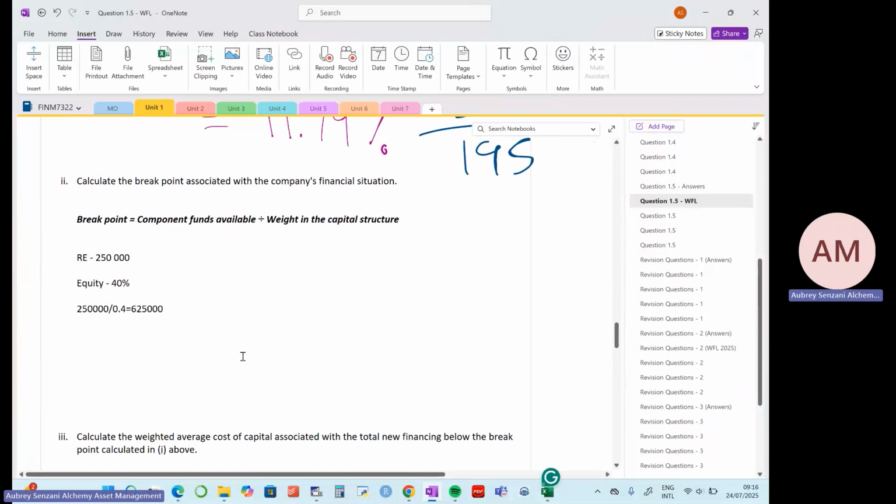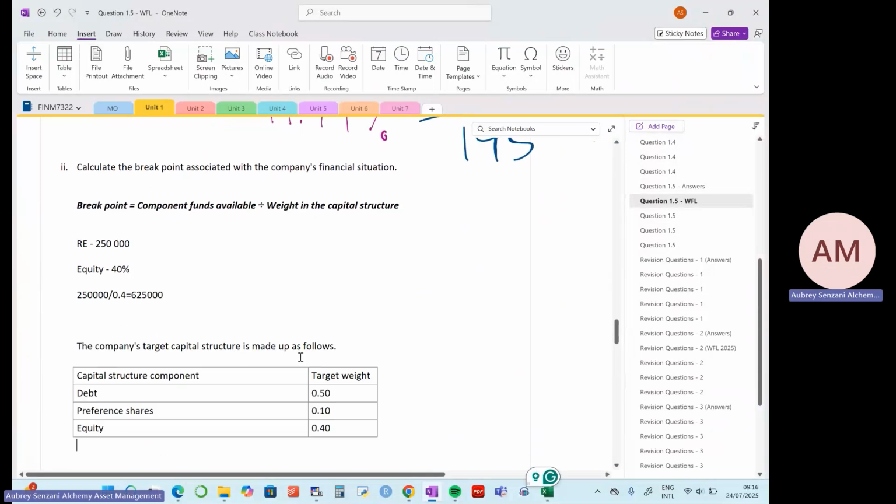Right. Now, remember we said that our equity is 40% of our total funding, isn't it? We say that we only have 250. That's our cap, our limit. We can't get more capital from equity than 250,000. Okay, but that's not all our source of funding. Does that make sense?